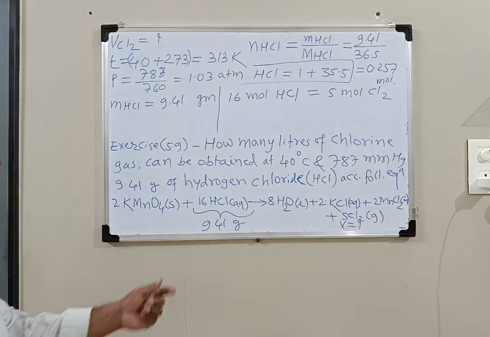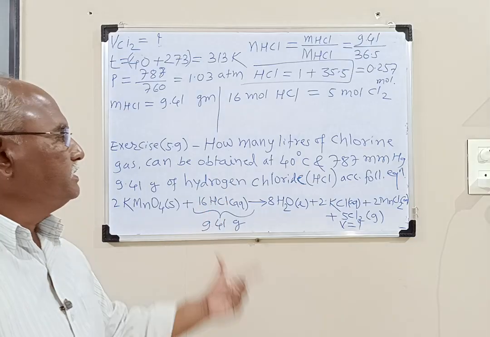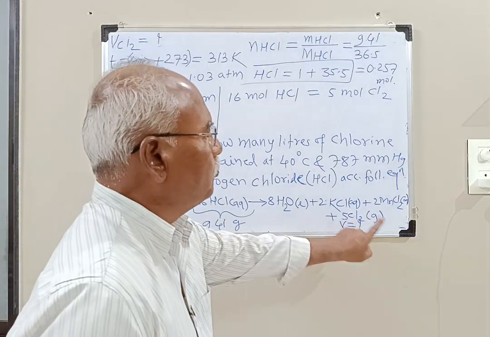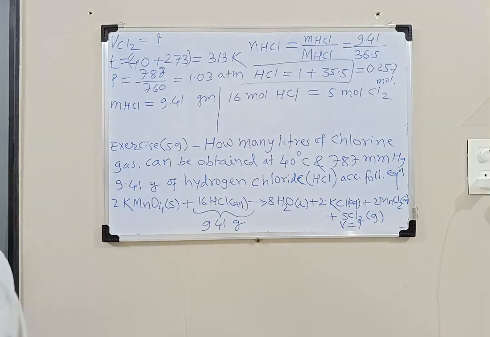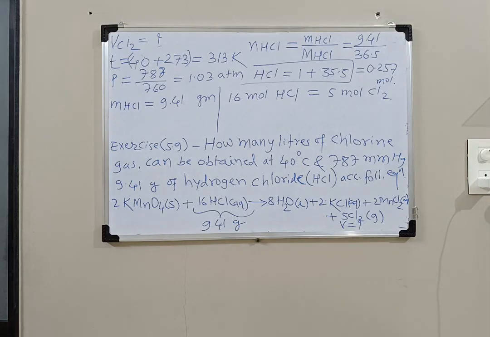Is it clear? 16 mole of HCl give 5 mole of chlorine according to the stoichiometric reaction.